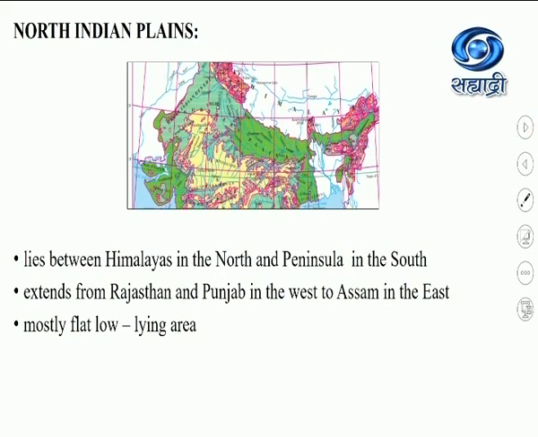Here you can see in green color, this is the northern plain region of India. The name suggests it's a plain region, completely flat land, an extensively flat, low-lying area. This North Indian plain lies between the Himalayas and the plateau region, or the peninsula in southern India.